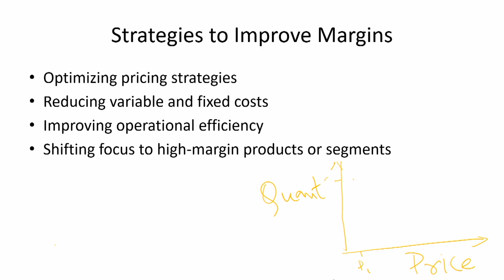Let us say when the price is P1, the quantity demanded is Q1; when the price is P2, the quantity demanded is Q2; and when the price is P3, the quantity demanded is Q3.